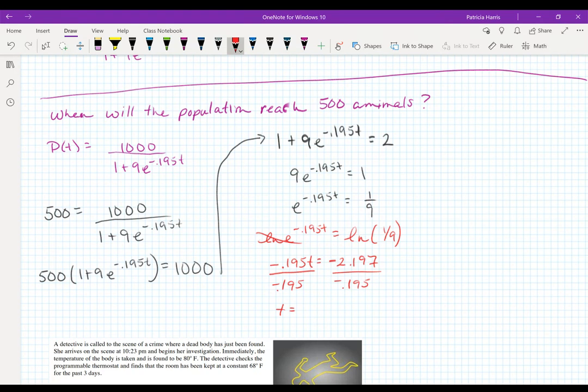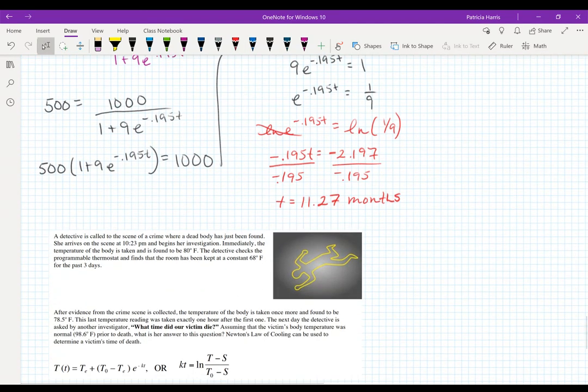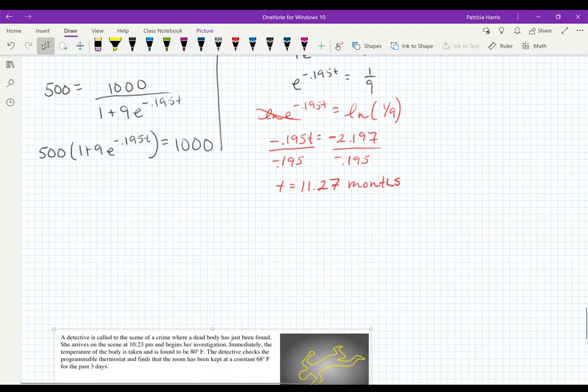So the time it takes my animals to reach a population of 500, I get 11.27 months with rounding, or just a little under a year. Okay, so I hope that helped you with the logistics, and you have a test coming up, so good luck.